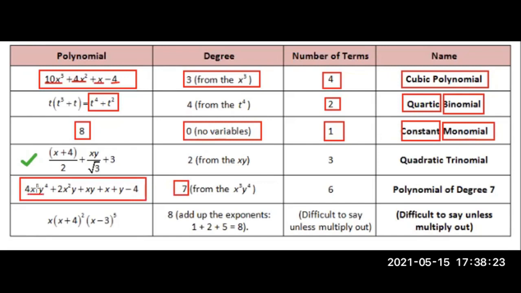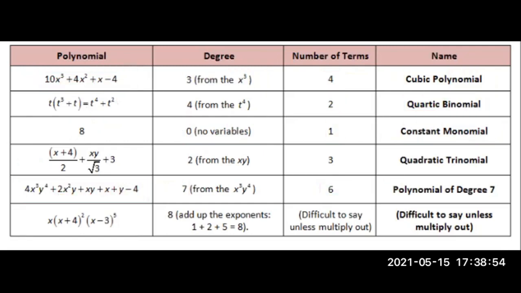First is that one, second is our 2x square y, third term is our xy, fourth term is our x, fifth term is our y, and sixth term is our 4. That means number of terms is 6. So we can call it a polynomial of degree 7.